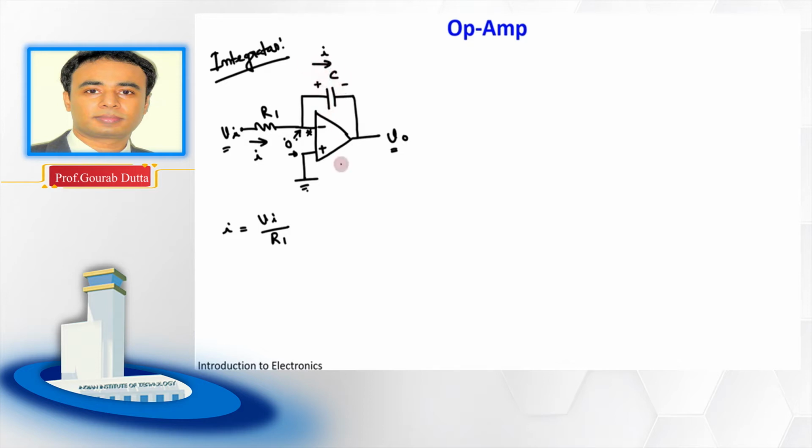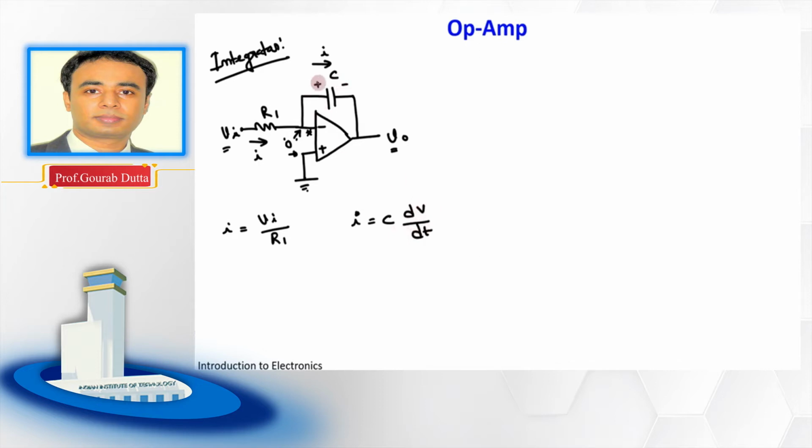If this is V, then we already know that the relation between the current and the voltage developed across the capacitor can be written as I equals C into dV by dt.